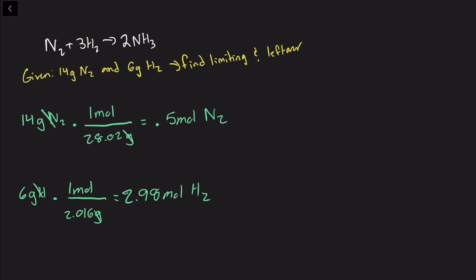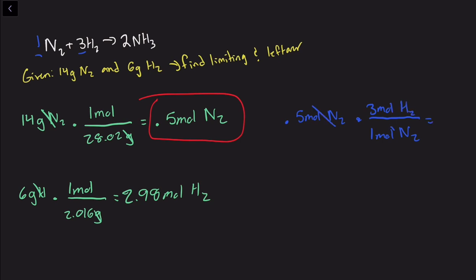Now we're going to do our mole ratio again. If we were to pick our nitrogen, we see that the ratio is a 1 to 3 ratio. So if we have our 0.5 moles of nitrogen, we can multiply this by our 1 mole of nitrogen on the bottom and our 3 moles of hydrogen on the top, giving us 1.5 moles of H2.